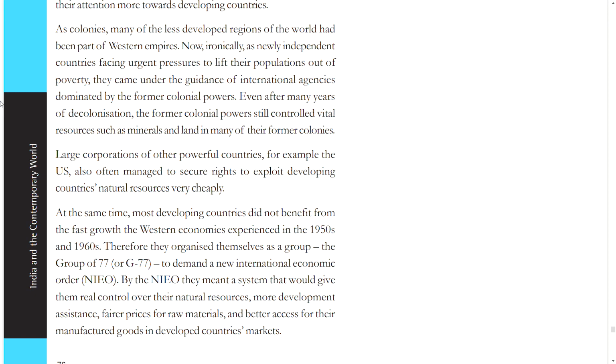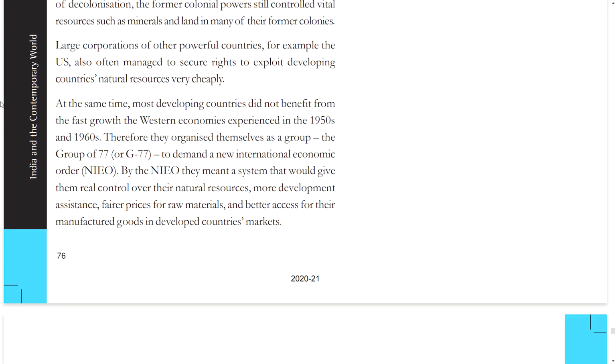Therefore, they organized themselves as a group, the Group of 77 or G77, to demand a new international economic order, NIEO. By the NIEO, they meant a system that would give them real control over their natural resources, more development assistance, fairer prices for raw materials, and better access for their manufactured goods in developed countries' markets.